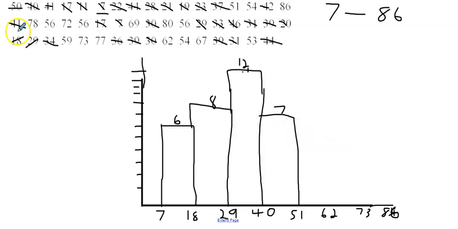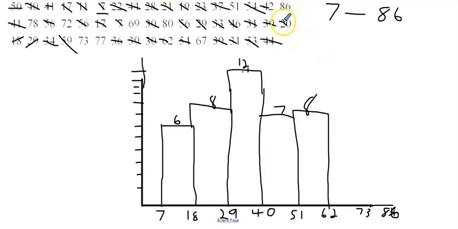So 52 to 62. It's getting kind of messy, so you gotta be careful. 1, 2, 3, 4, 5, 6, 7, 8. Okay, so that's up here at 8. 63 to 73.